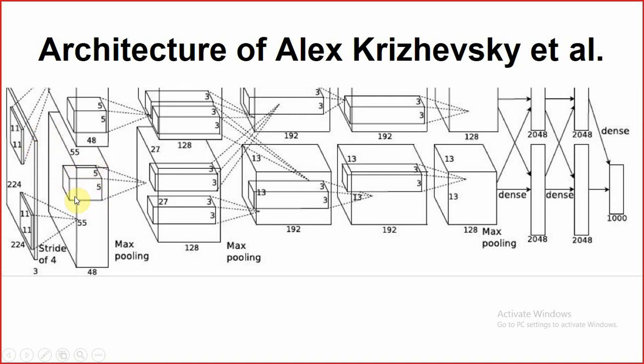This is the filter size, 5 by 5, and in the first layer they extract 48 different features. So we have 48 feature maps, or we train 48 different filters in the first layer. Then we give it to the max pooling, and max pooling reduces the size by 2.